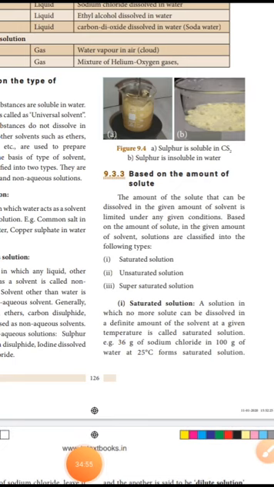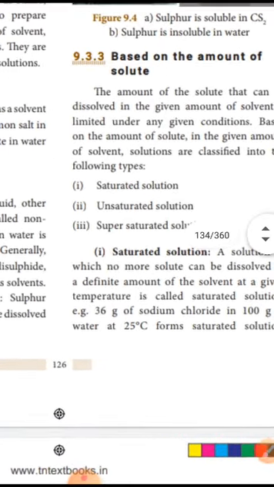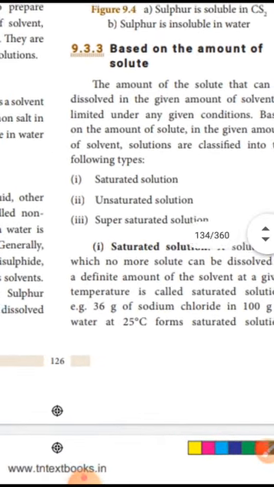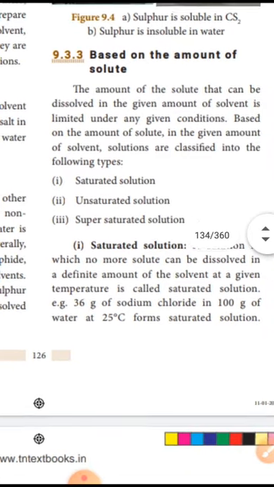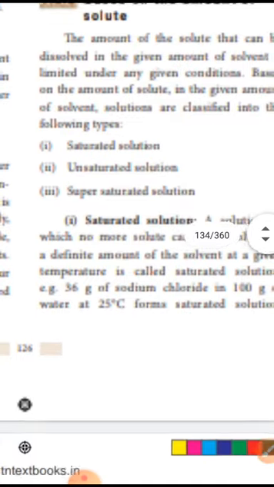Okay students, now I am going to recall today's topics. The types of solutions based on amount of solute are classified into 3 types: saturated solution, unsaturated solution and supersaturated solution. If the amount of solute is 36 gram, that is a saturated solution.